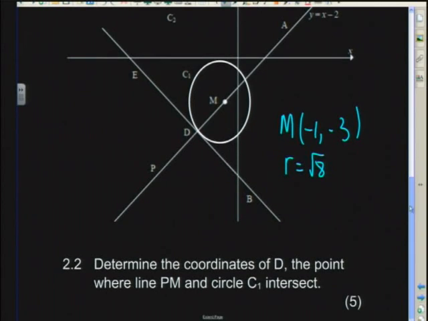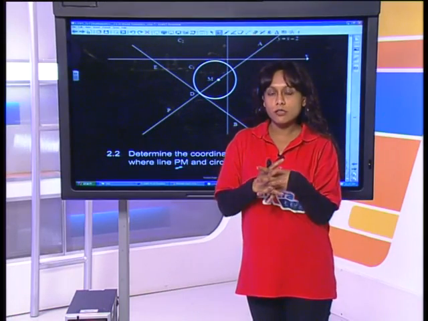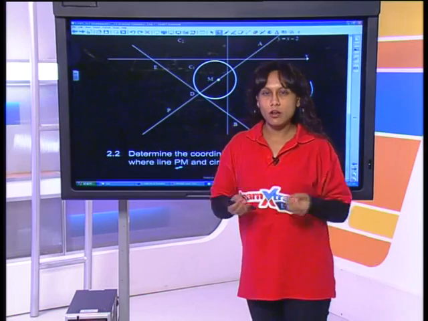Now they say, determine the coordinates of D, which is the point where the line PM and the circle C1 intersect. Now guys, if you have the paper in front of you, you'll see that the circle is not drawn in, but I've put the circle in to show you what's happening on the diagram.